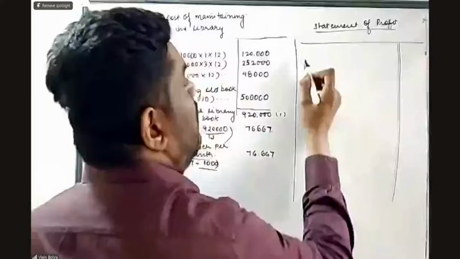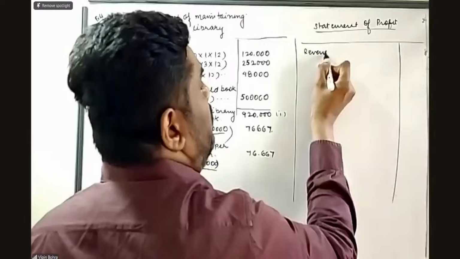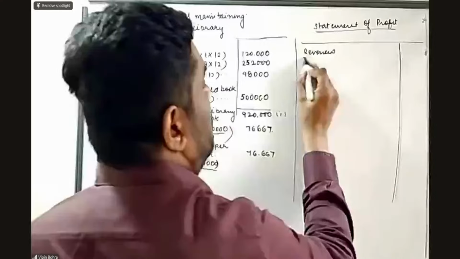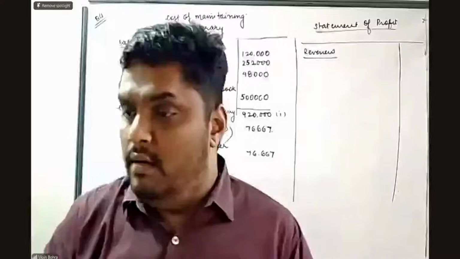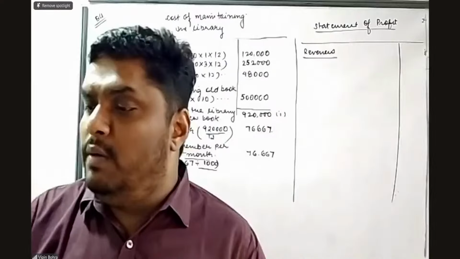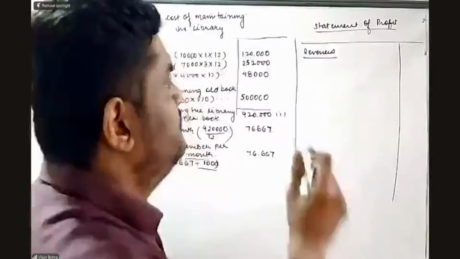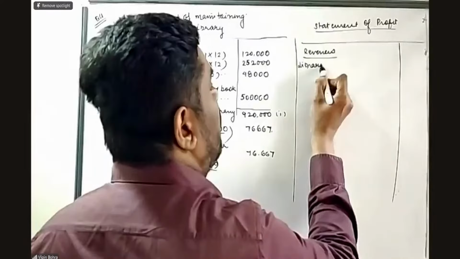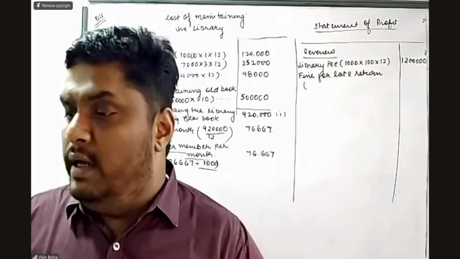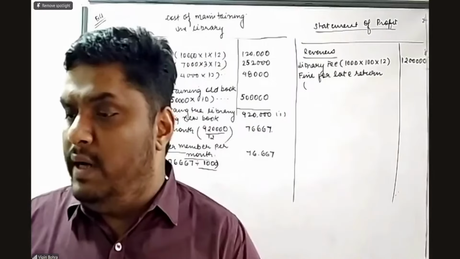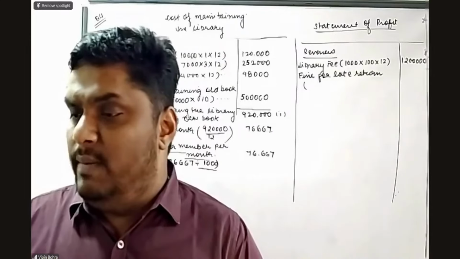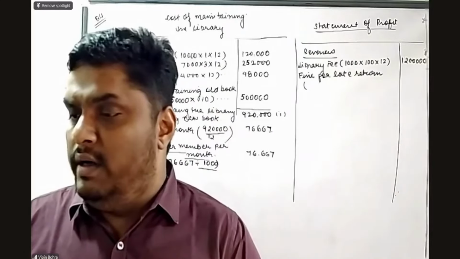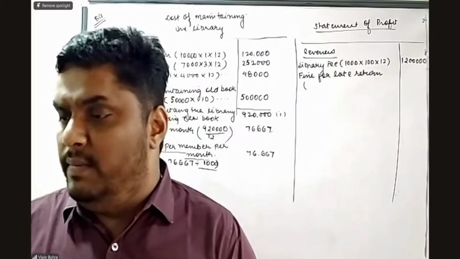First, let's write the revenue, wherein the library fees per member per month is rupees 100. The late fee is rupees 1 per book per day, and the average number of returns late per month is 500.